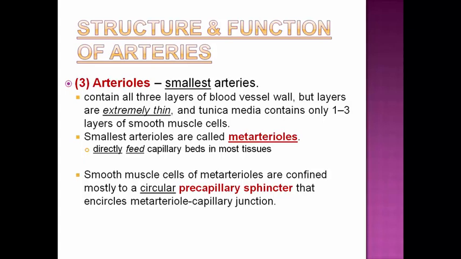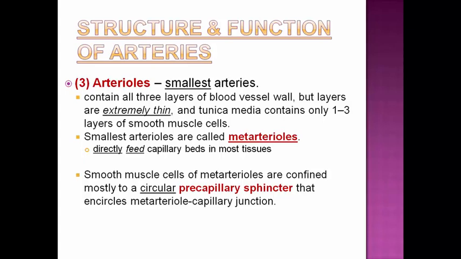Notice that the smooth muscle cells within the metarterioles are in circular patterns, and they create something known as a precapillary sphincter. Well, we know from Anatomy 1 that sphincters are circular muscles. They surround lumens or hollow organs, and they control the entrance and exit of substances through that. So they encircle the metarteriole and capillary junction, and we'll see later on that the blood has to be dispersed to the tissues that are very active.